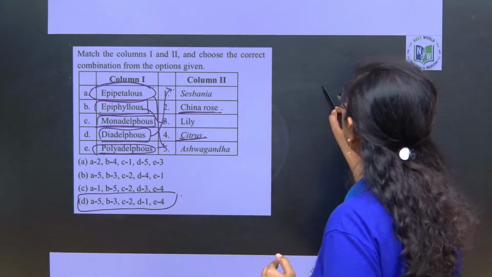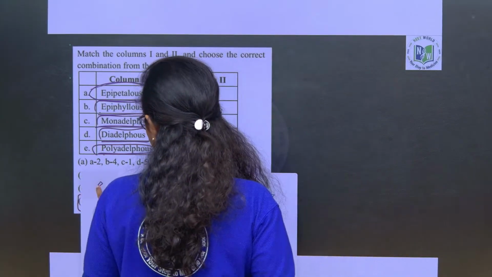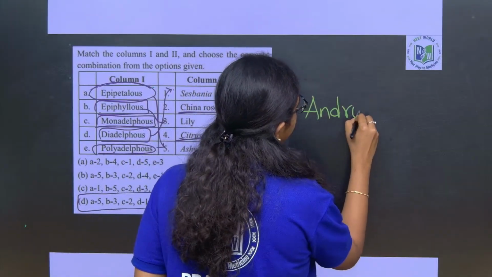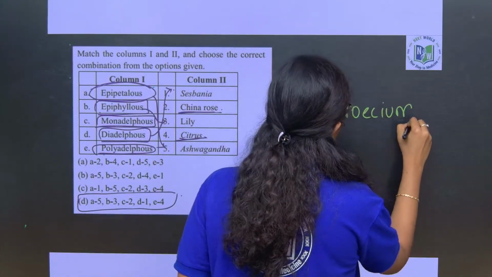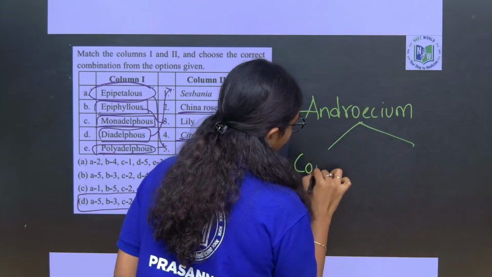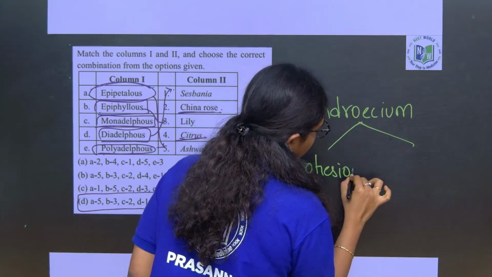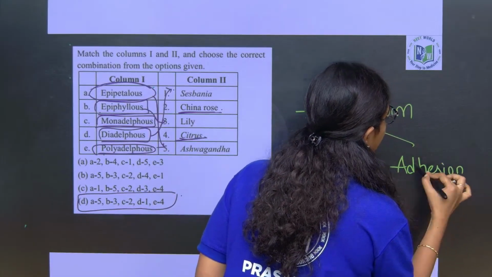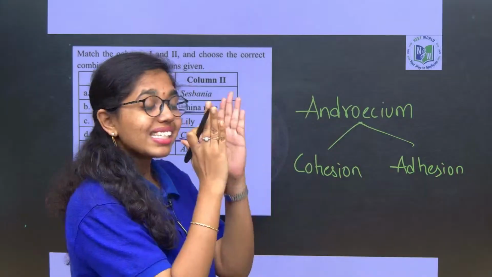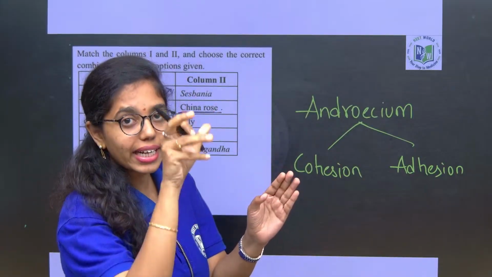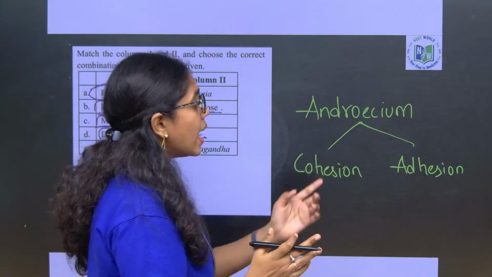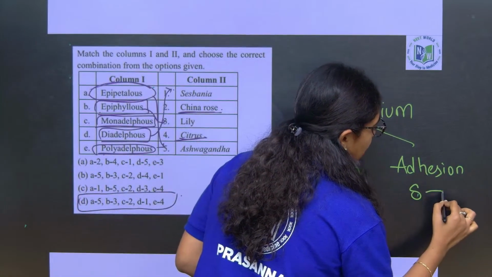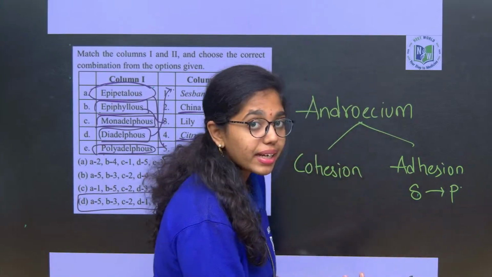Fine. So here everything is with respect to androecium. In androecium, if we have to recall the concept, androecium exhibits cohesion and adhesion. What is adhesion? Wherein stamens are connected or attached to the other floral parts. If the stamens are attached to petals, that is epipetalous condition.